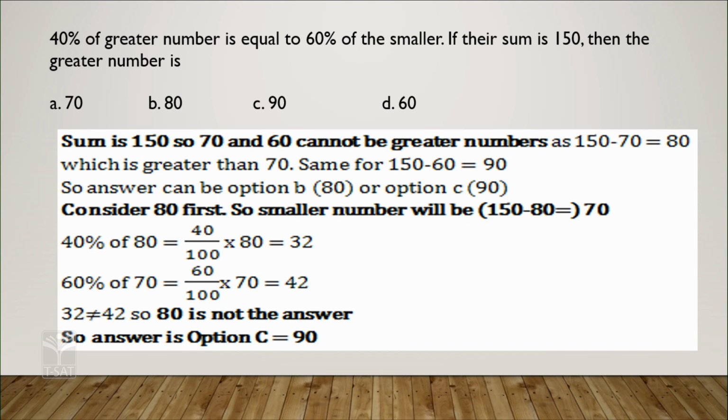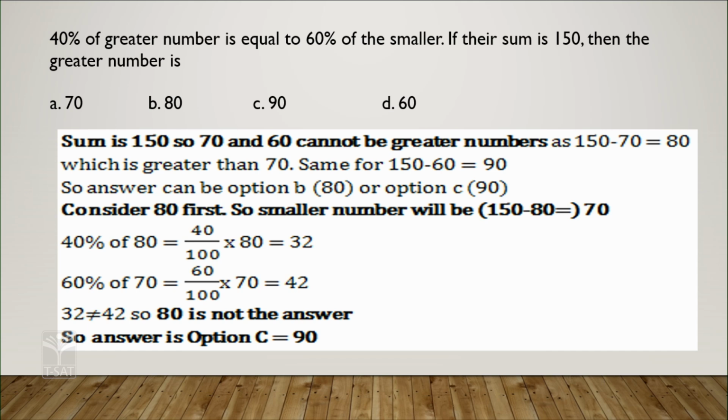40% of the greater number is equal to 60% of the smaller. If their sum is 150, then the greater number is, we don't know. See, there is a lot of logical reasoning here.